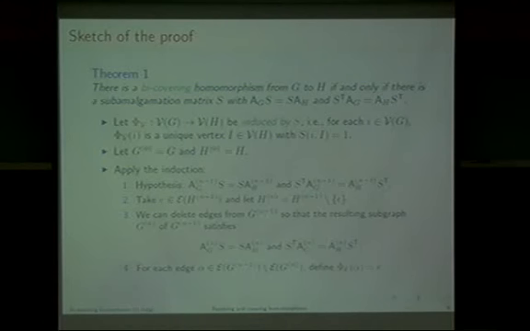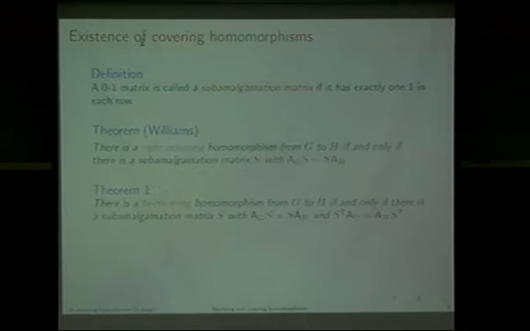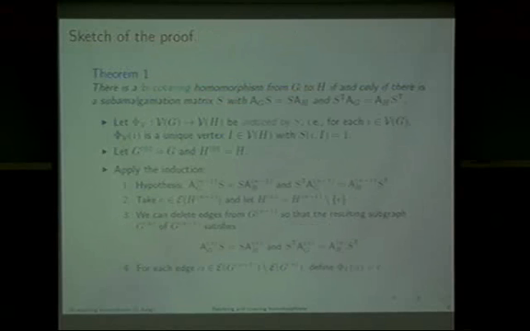Then we can prove, by using Hall's theorem and the property of bi-resolving homomorphism, that we can delete edges from G_{n-1} so that the resulting subgraph G_n, which has the same vertices and edges as G_{n-1} except the deleted edges, also satisfies the next inductive hypothesis. This third part is the hardest part of the proof.